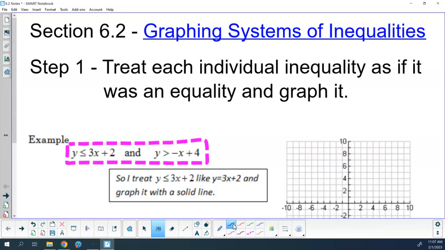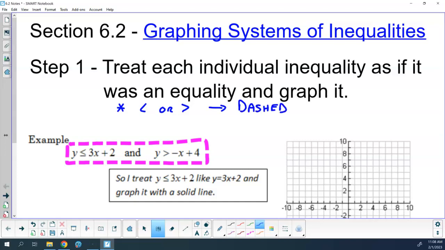But because my original problem was an inequality, I have to remember that if it's less than or greater than, that makes my line be dashed.